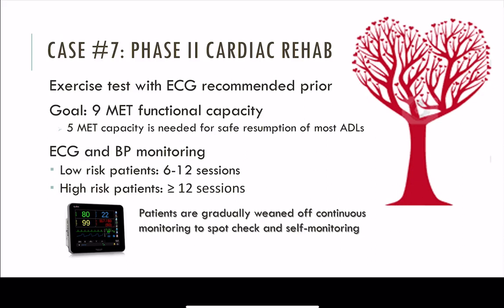The goal in phase 2 is to get our patients to a 9 MET functional capacity. And again, MET stands for metabolic equivalent. So a 9 MET functional capacity is about 9 times greater metabolism than rest, because 1 MET is equal to your resting metabolic rate, or around 3.5 milliliters per kilogram per minute.